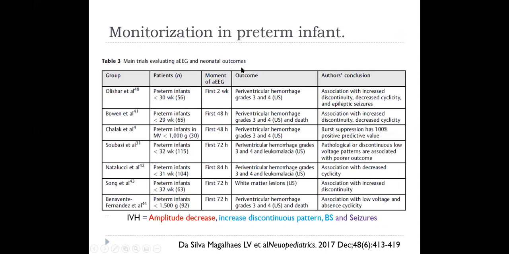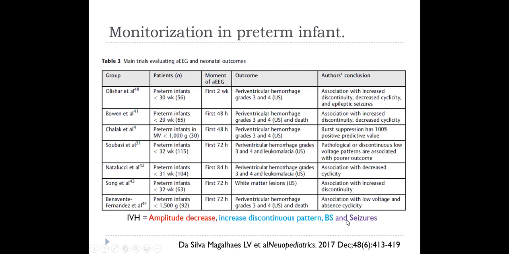And what was the indication of monitorization? It was MRI grade 3 and 4, leukomalacia, white matter lesions, periventricular hemorrhage. And what happens? In summary, intraventricular hemorrhage produces an amplitude decrease, increased discontinuous pattern, burst suppression, and seizures.